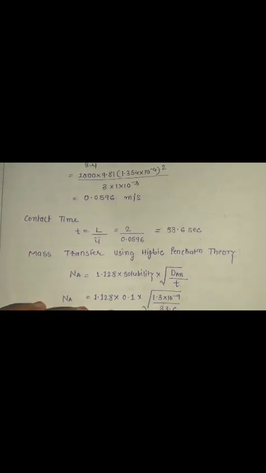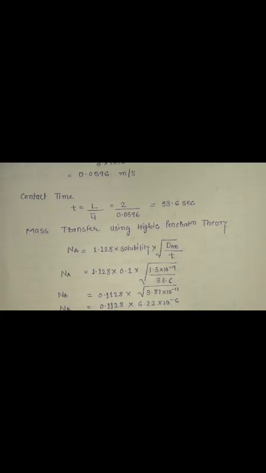After calculating the contact time, we will calculate mass transfer rate using Higbie's penetration theory, that is NA equal to 1.128 into solubility into under root of diffusibility by time.